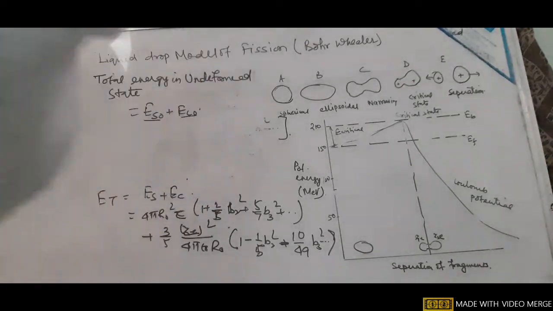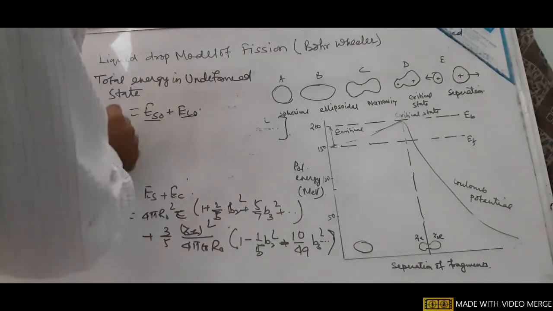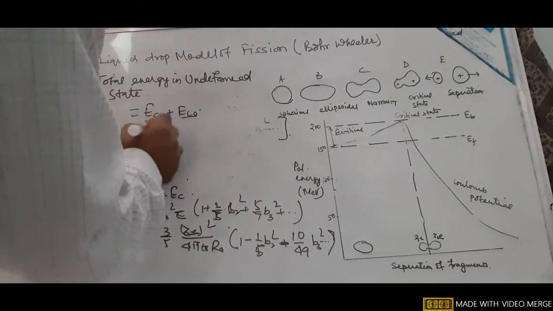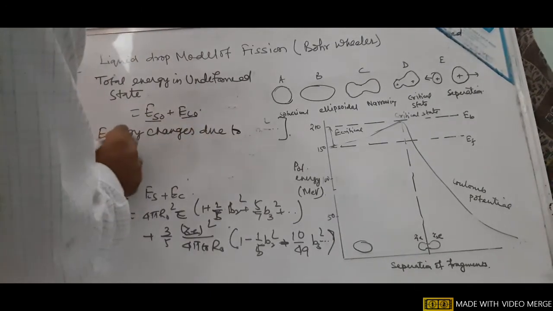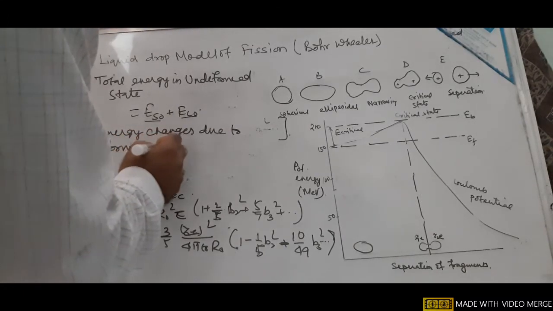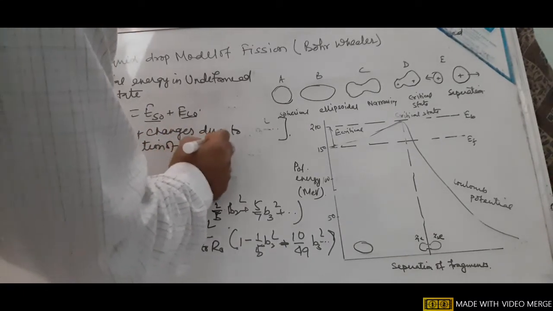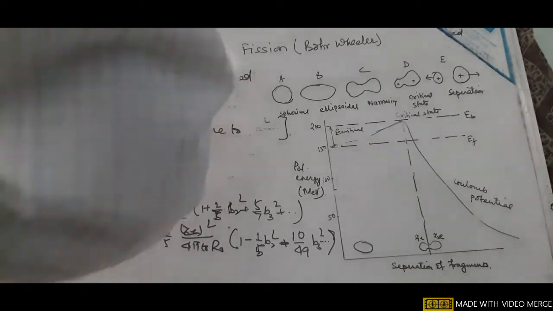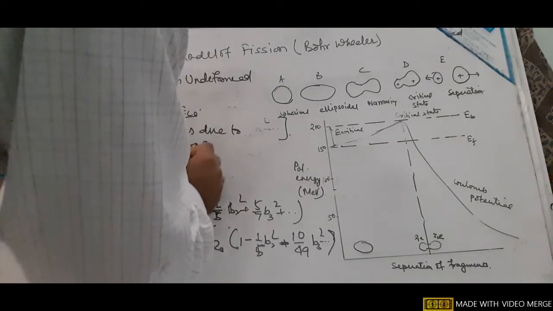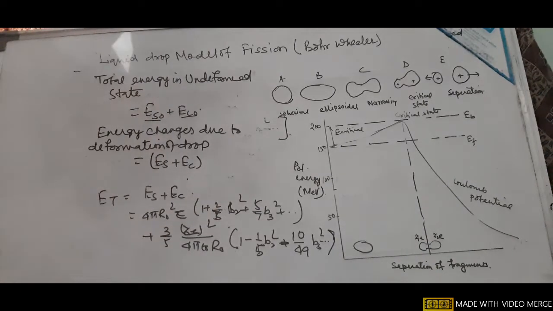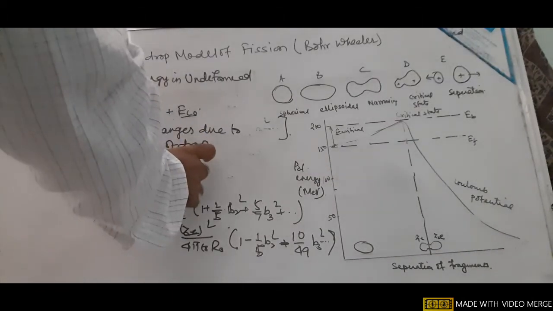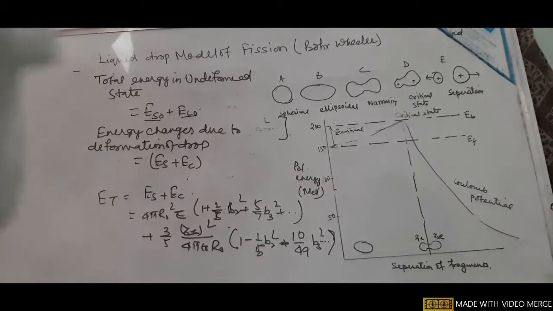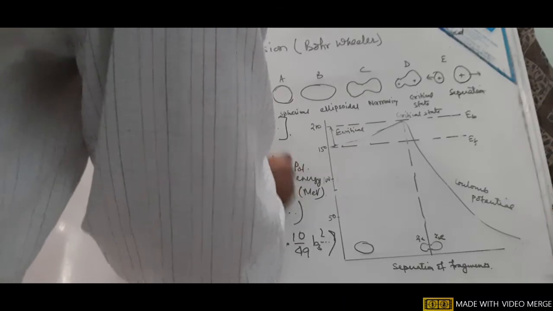So we can write down the energy changes due to deformation of the drop, which is equal to ES plus EC, that is the deformation energy, minus the undeformed energy, ES0 plus EC0.